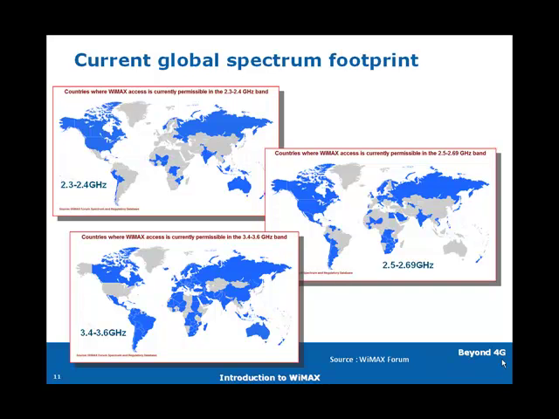Let me highlight some of the key deployments in 2.3 to 2.4. In Korea, we have the KT deployment, and there are a couple of operators from Malaysia who have announced deployments, YTL Communications and Packet One and others.